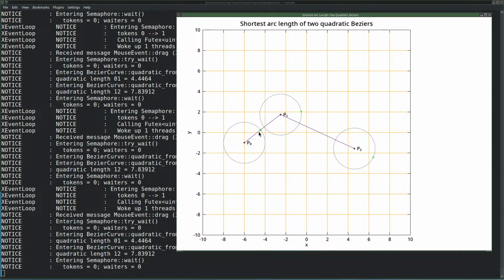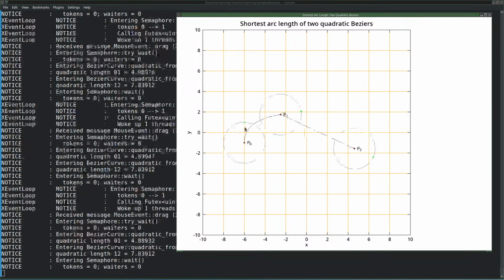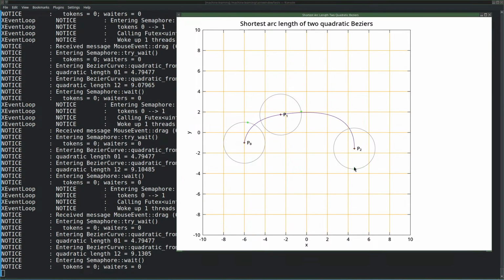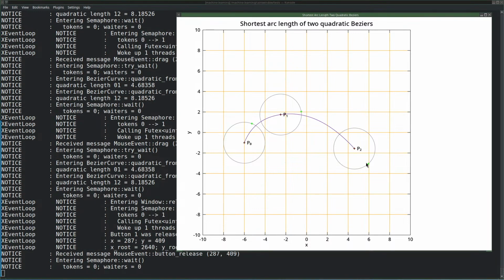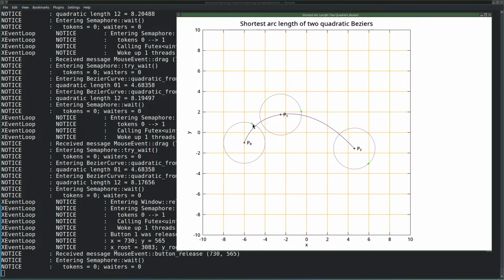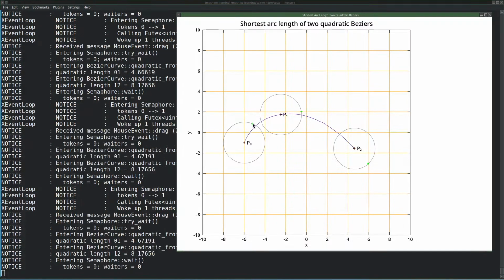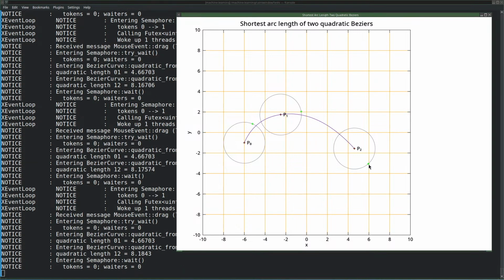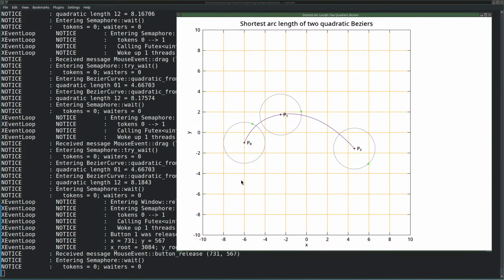So now I have to print the bending energy as well, and see what the right balance is between the elastic energy, aka the arc length. You know, the longer you stretch an elastic thing, the more energy you put into it, and the bending energy.